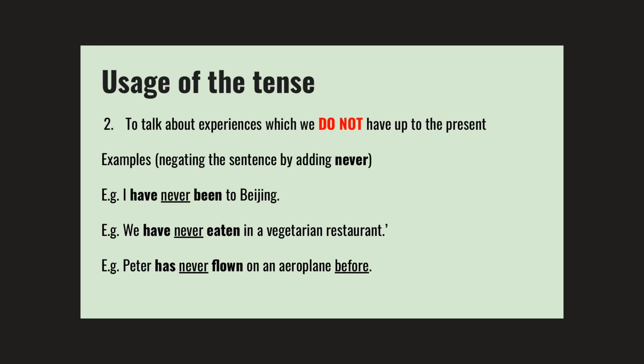When we are talking about an experience that we do not have up to the present, we use never. Example 1, I have never been to Beijing. Example 2, we have never eaten in a vegetarian restaurant. Example 3, Peter has never flown on an aeroplane before. So the combination of never and before is also common in negating the sentence.